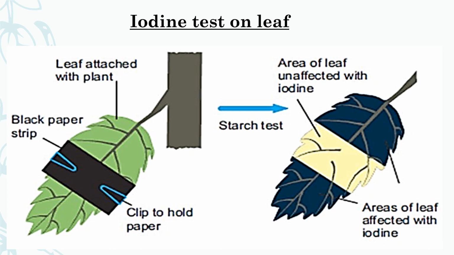This means that in the presence of sunlight, the leaves which were not covered carried out photosynthesis. And the part which was covered by black paper could not carry out photosynthesis. This proves that leaves carry out photosynthesis in the presence of sunlight.